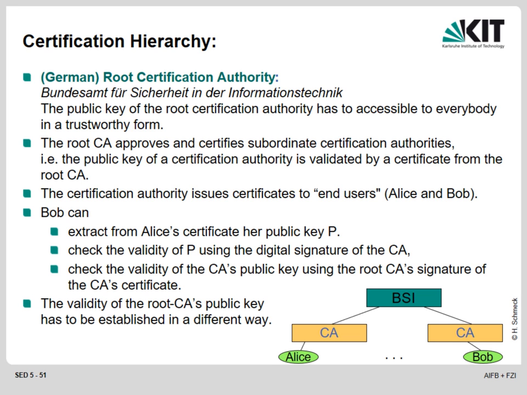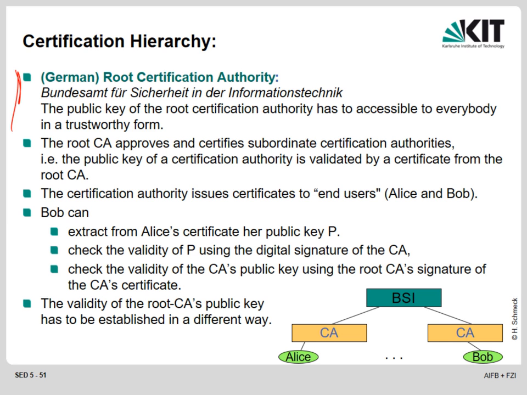So if we have these certificates, we need some kind of certification hierarchy. As I said, you need a certificate that has to be signed. To check the signature, you need a certificate, and so on. So we need a root of trust, which in Germany is the Bundesamt für Sicherheit in der Informationstechnik. They issue the root certificates.